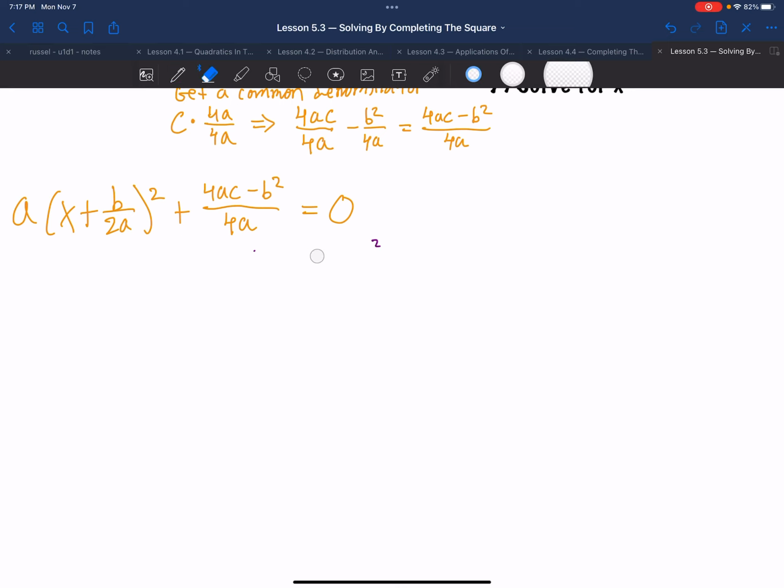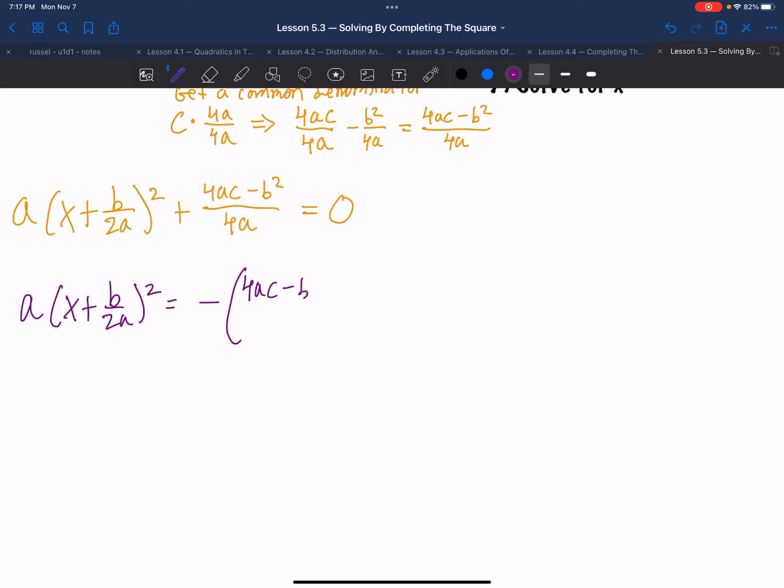I'm glad I wrote it for you to see here so you see what I'm doing, but I don't want that in the official copy of the notes. Look at this. Subtract that term to the other side. It's negative 4AC minus B squared over 4A.